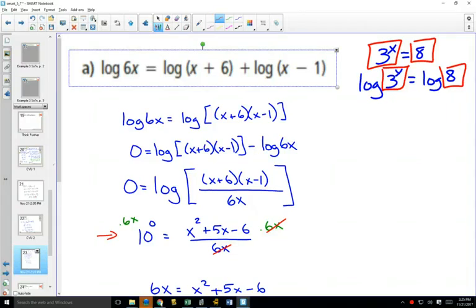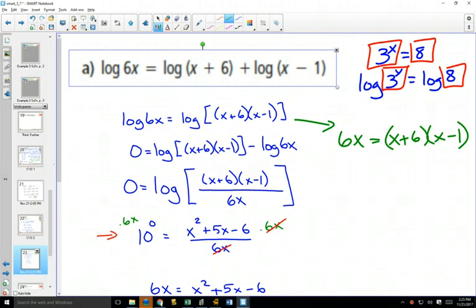That's the idea. Can you see how you could use that shortcut after step 1 and right away say, oh, so that means that 6x equals x plus 1 times x minus 1. What am I doing?